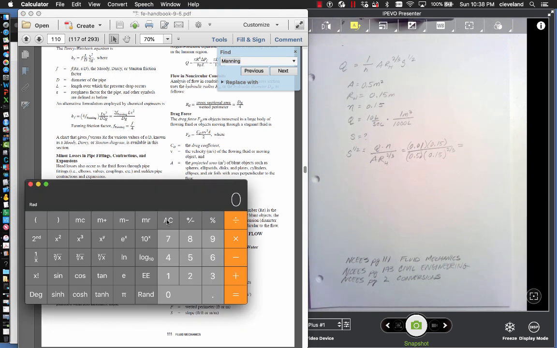Okay, clear that. 0.01 times 0.15 equals that. Store that in the memory.